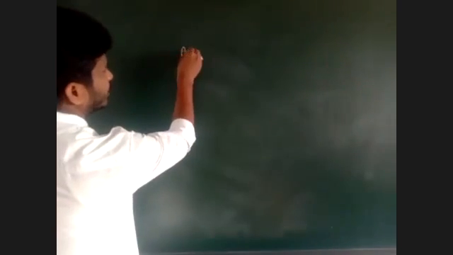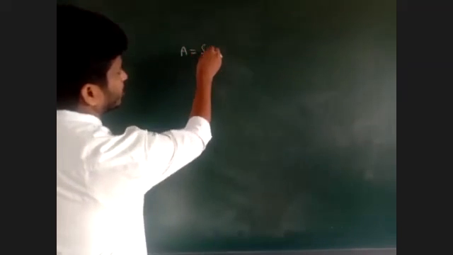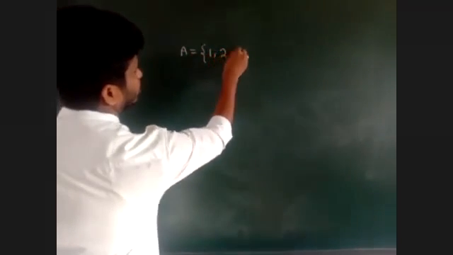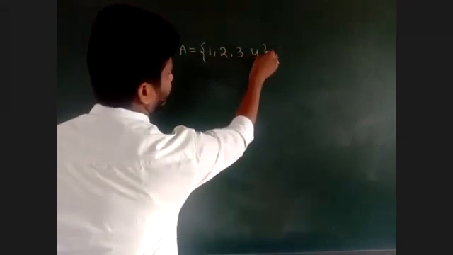Let A and B be any two sets. If every element of set A is present in set B, then we can say that A is a subset of B. If A is a subset of B, then B is a superset of A. Let set A equal 1, 2, 3, 4.